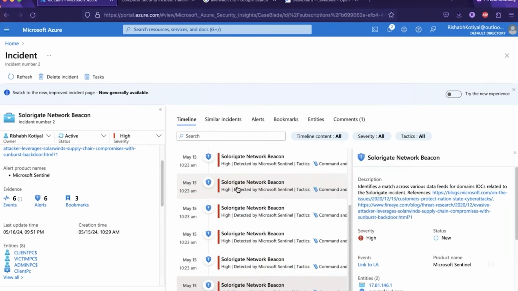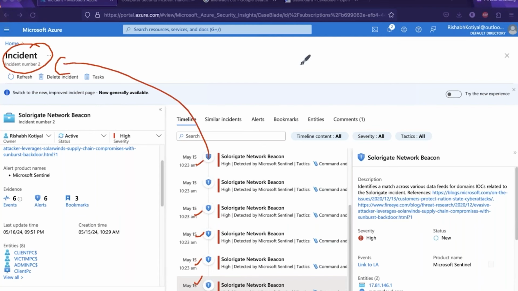You will see that this incident has been created by 6 alerts. All these 6 alerts combined give me the incident. Multiple times, an incident could be generated by multiple alerts itself.